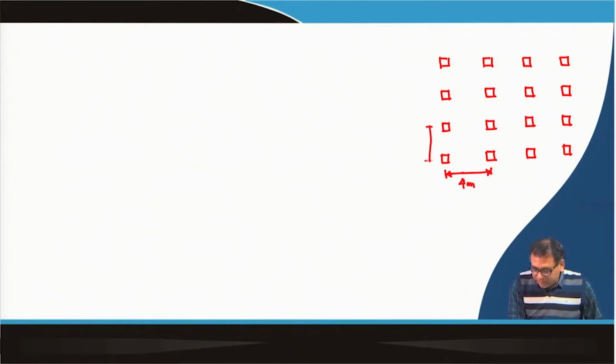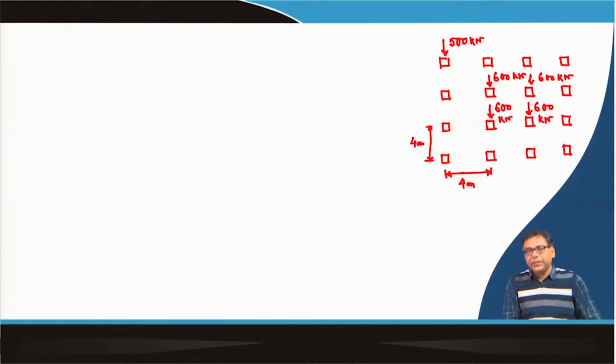This spacing is also 4 meter in both directions, and the load coming to the outer column is 500 kilonewton and to the inner column is 600 kilonewton. So, for all 4 inner columns the load is 600 kilonewton and for all outer columns the load is 500 kilonewton.